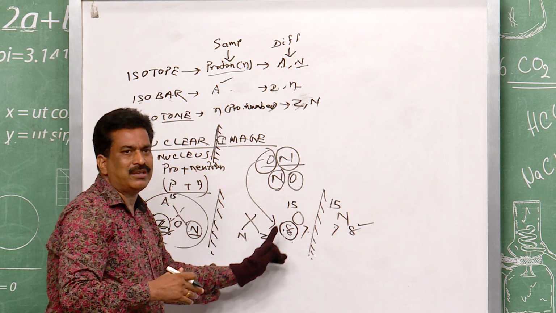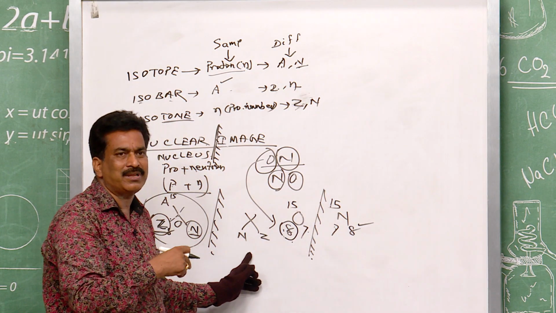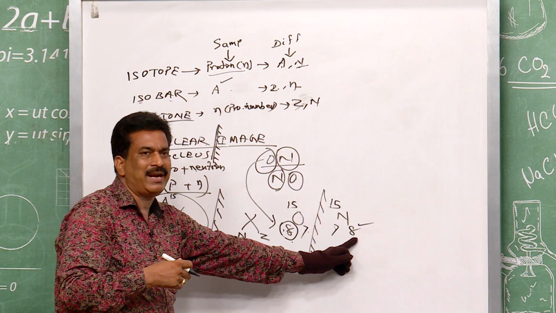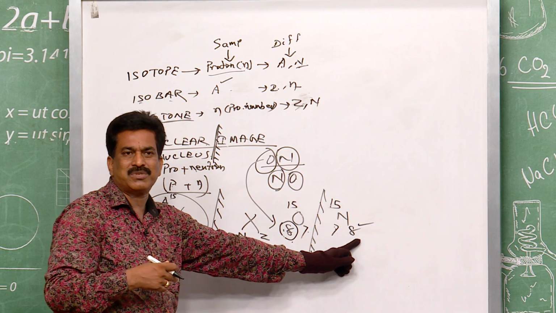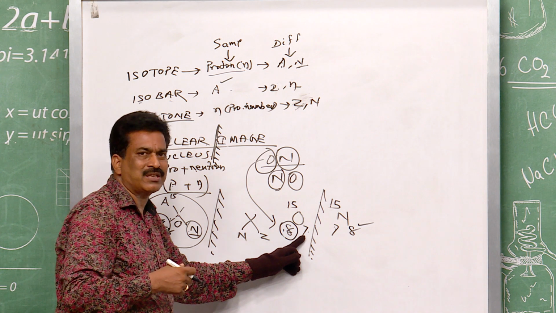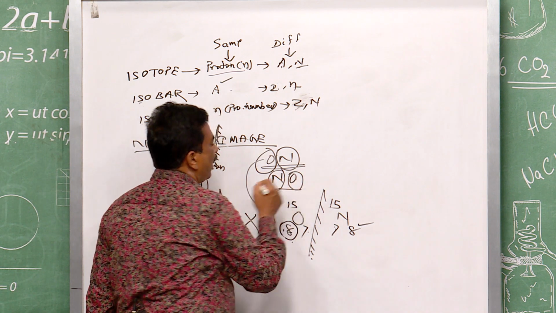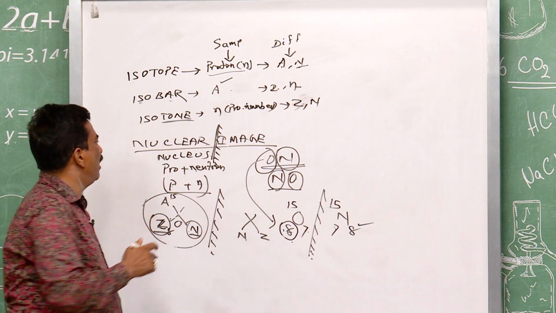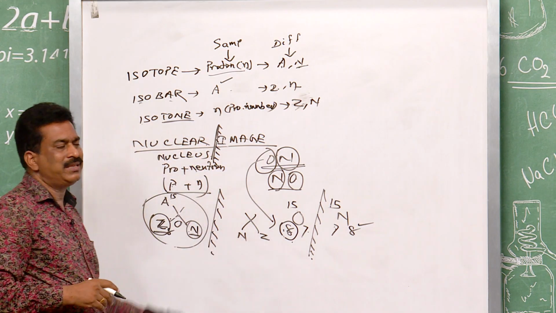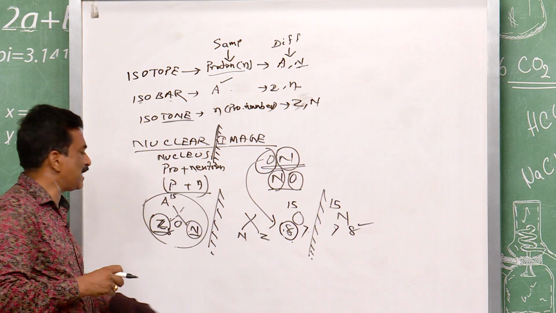Through the mirror, the left will be the right and the right will be the left. Left is 8, it becomes 8 there, and this is 7, it becomes 7 there. So this ON or NO, that is the example of the nuclear image. These are the different types of the classification.